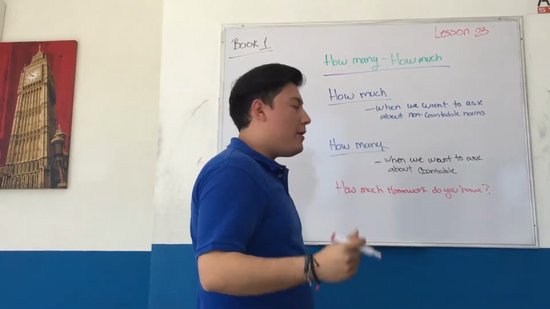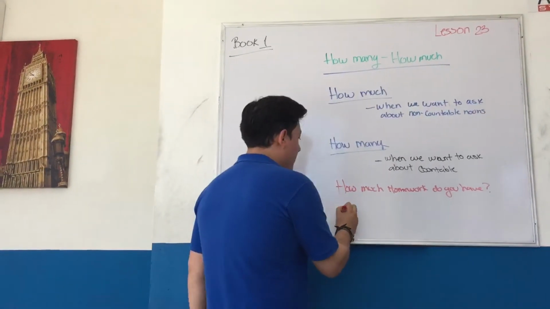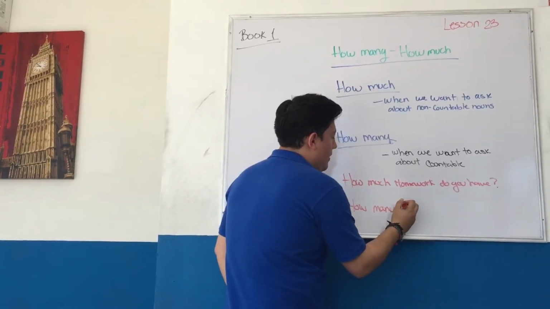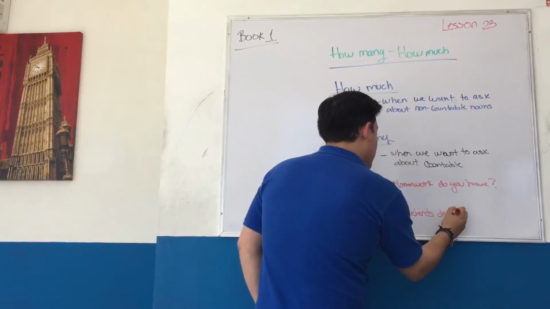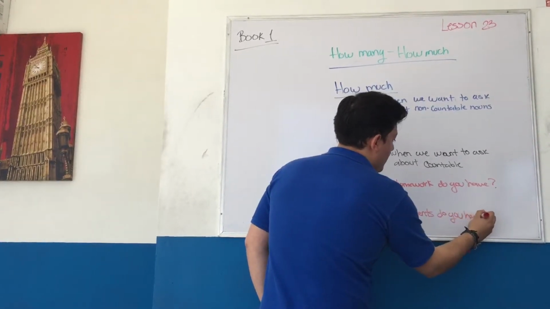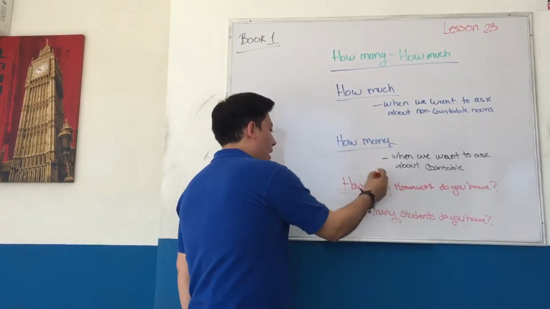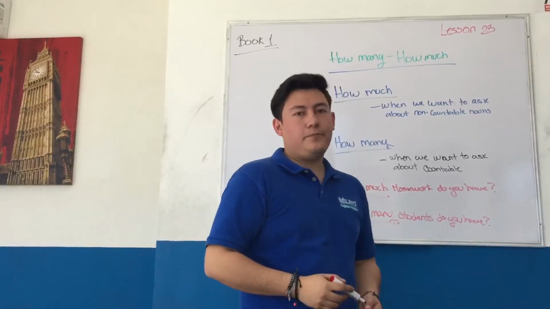How many, we use how many when we want to ask about countable nouns. For example, how many students do you have? You see, these words have to be at the beginning of the sentence.